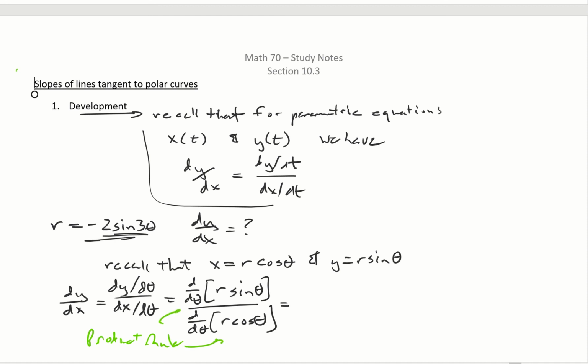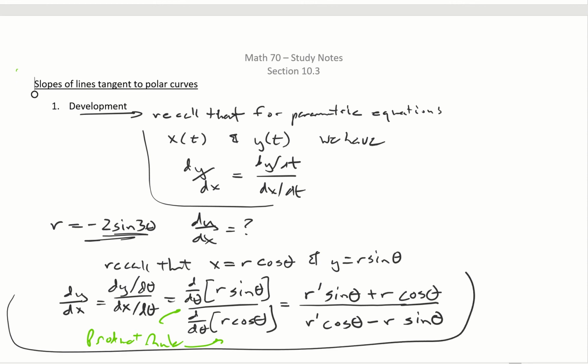So this is what we're going to get. We're going to derive r, whatever it is in terms of theta, we're just going to call it r prime, and leave sine alone. Plus, and then we're going to leave r alone and derive sine to get cosine. Downstairs, very similar, r prime cosine theta, but because cosine's derivative is negative sine, it becomes minus r sine theta.